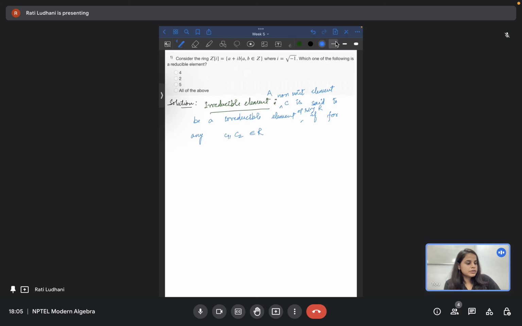If for any c1 and c2 belonging to R, c is equal to c1 into c2, then either c1 or c2 is a unit.